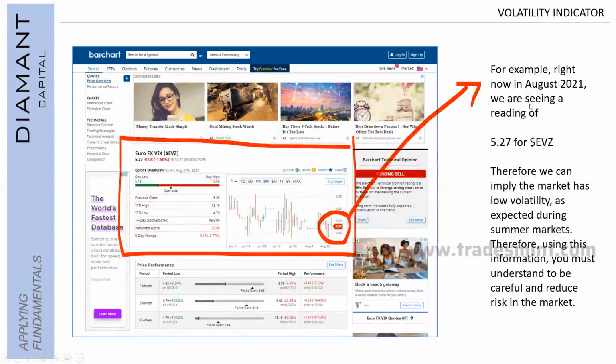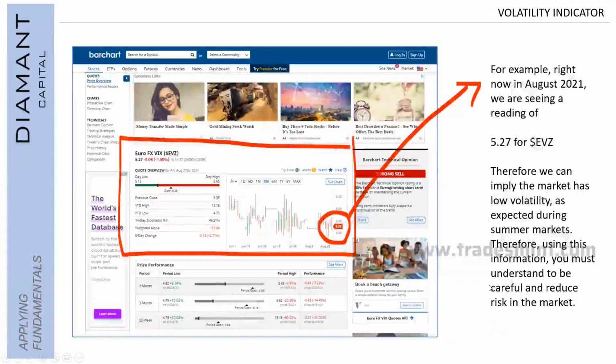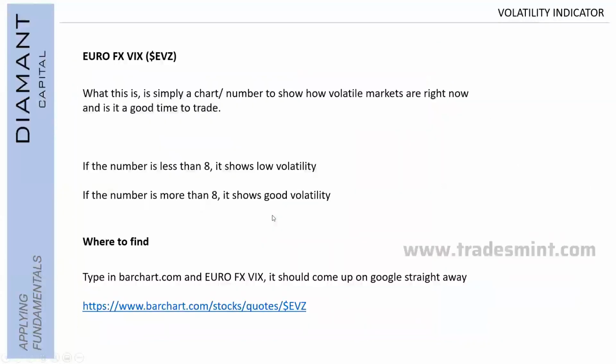In this case, at the moment, it's coming towards the end of August in 2021, and this is the reading we're getting, 5.27. Now, what have we just said? If the number is less than 8, it shows low volatility in the market. By volatility, it says volatility because it's a volatility indicator.